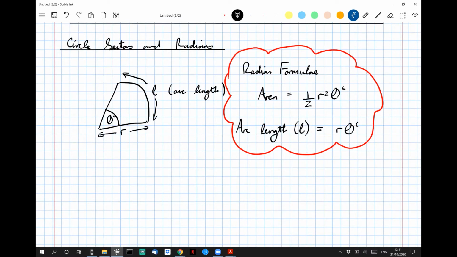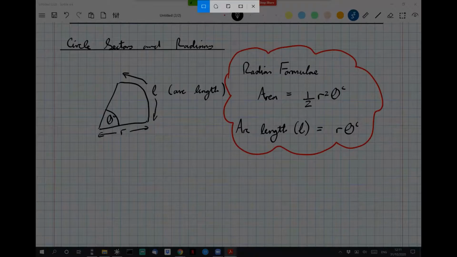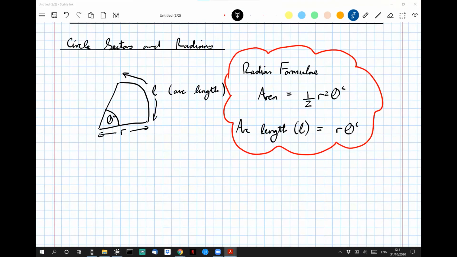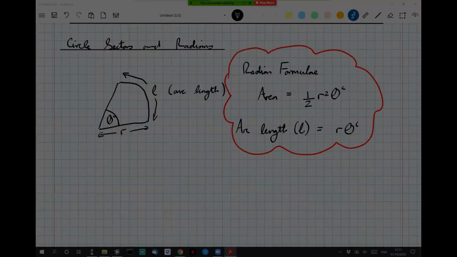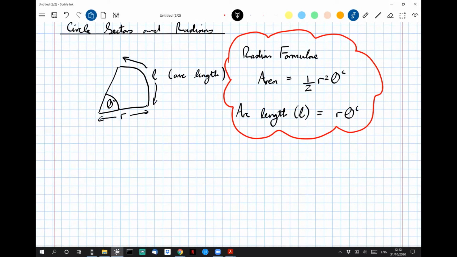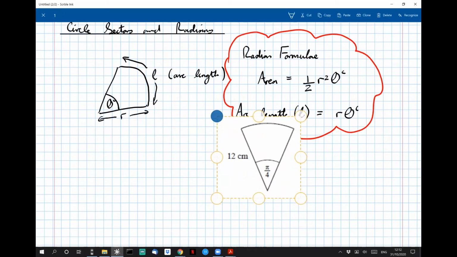So we'll take an example question. So let's have a look at this one here. What I'm going to try and find is the area and the arc length of this using the radians formulae.